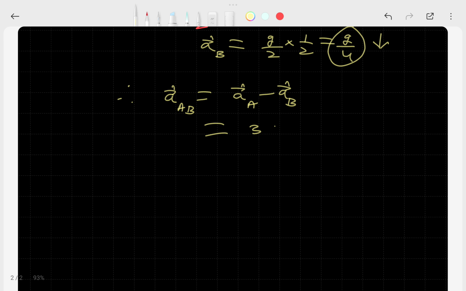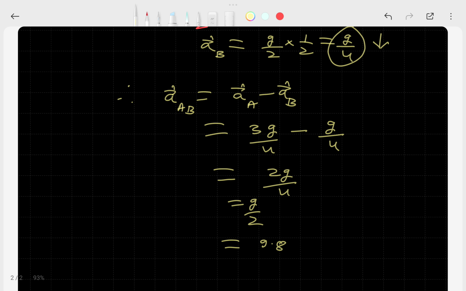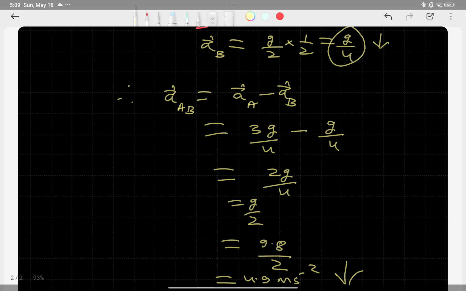Acceleration of A is 3g by 4, acceleration of B is g by 4, that will be equal to 2g by 4, which is g by 2. If you put 9.8, then you will get 4.9 meter per second square, in the downward direction.